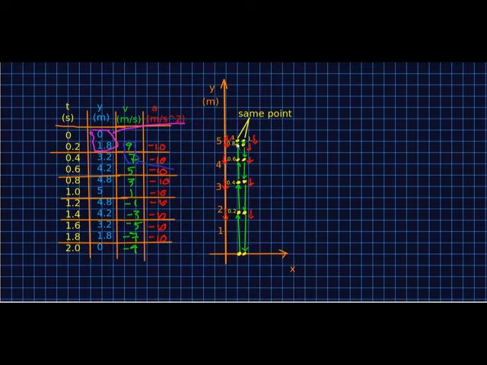But that would mean you would throw a ball up in the air and it would get to the top and it would just hover there. Well, I don't know about you, but I've never seen a ball do that. It has a velocity up just before it gets to the top and a velocity down just after. So the velocity is changing, and so there must be a downward acceleration.